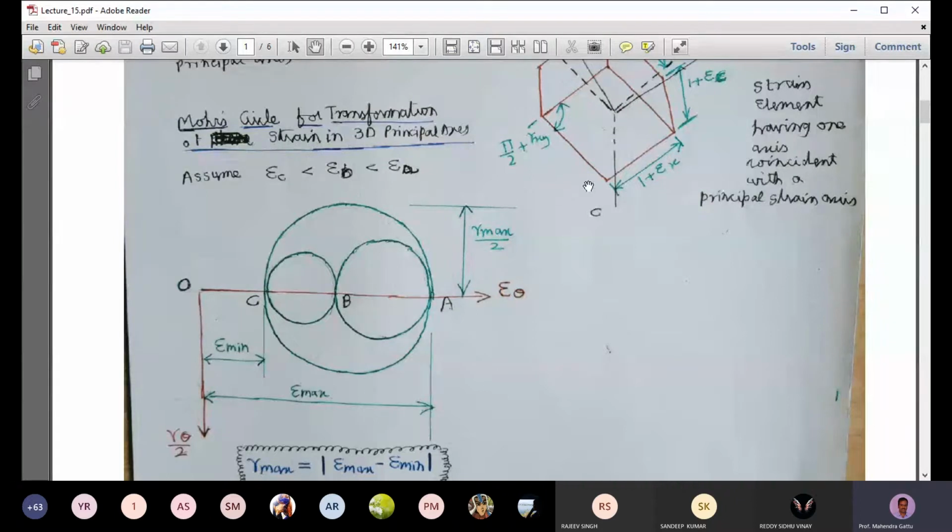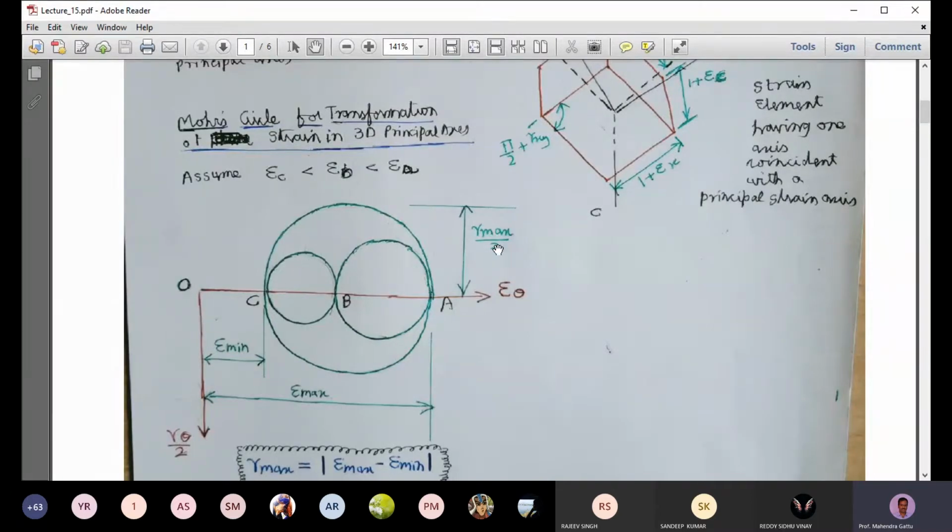Similarly, we can rotate the system about the a axis, and we can get this Mohr circle. So the circle passing through points B and C, we get this Mohr circle, and here epsilon b is greater than epsilon c, so epsilon b will be the maximum principal strain and epsilon c will be the minimum principal strain, and we get the corresponding maximum shear strain, which is epsilon b minus epsilon c.